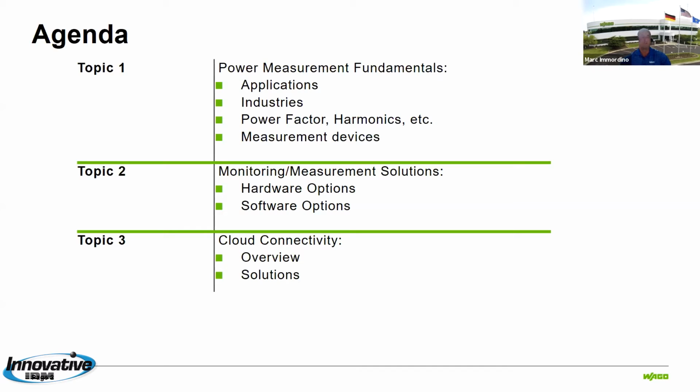We'll talk a little bit about measurement devices to give you a better understanding of how all this is accomplished. And then we'll look at some other devices with regards to monitoring and measurement from the field devices. So from the measurement device to the PLCs or other devices that can measure these signals from things like current transformers and Rogowski coils.